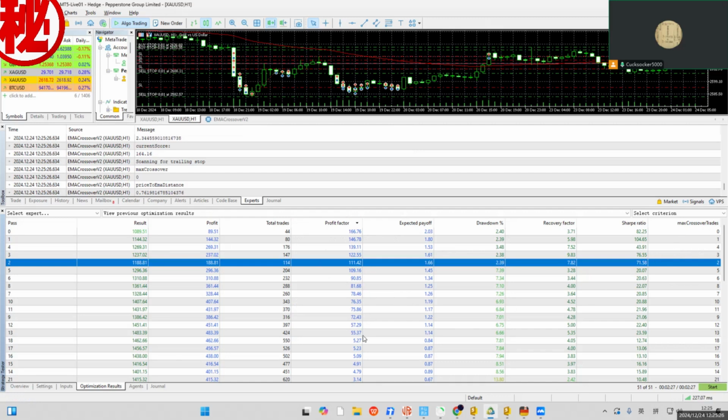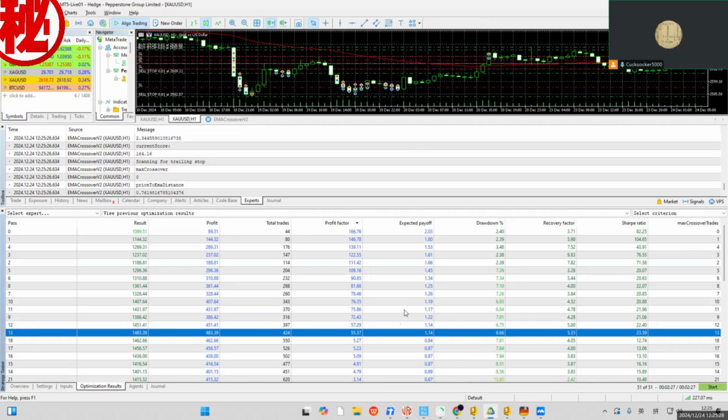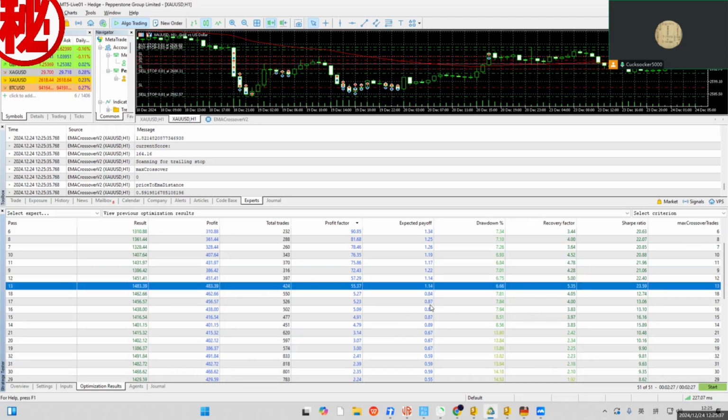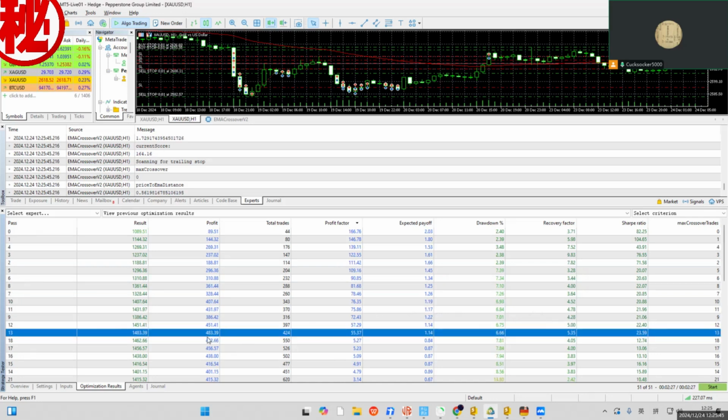So I tested this one where you place 13 trades per crossover, and there's one thrust. I tested it back to the year 2020, and it also has a profit factor of 6.62.